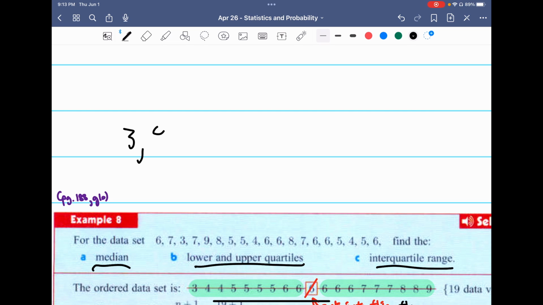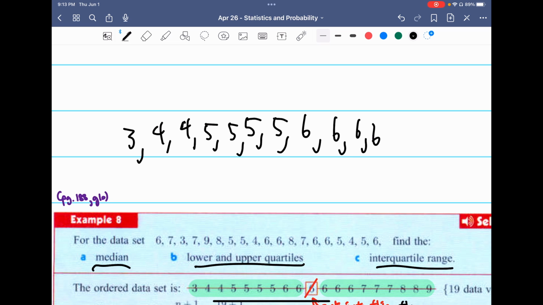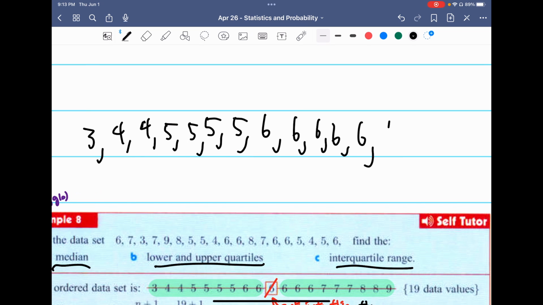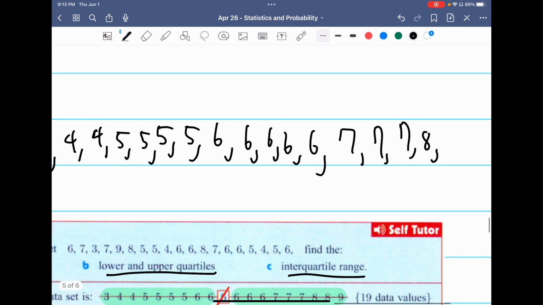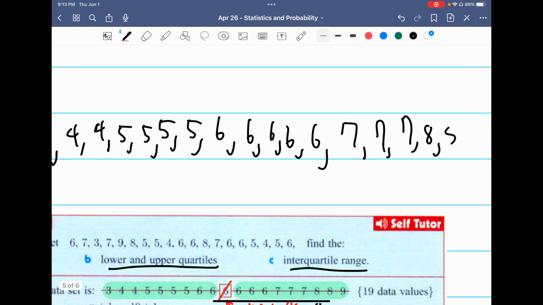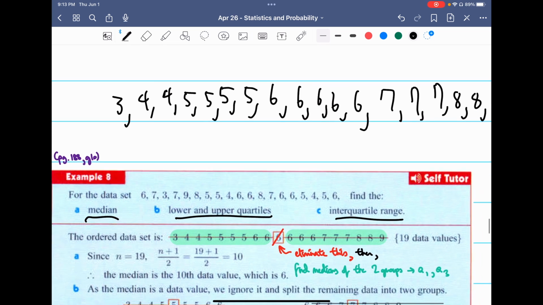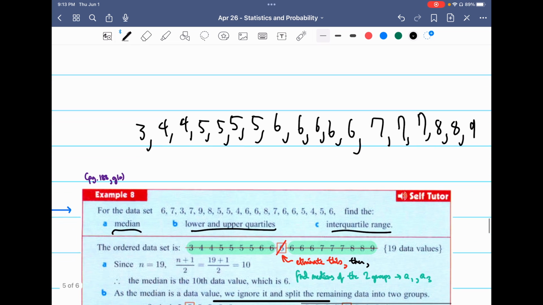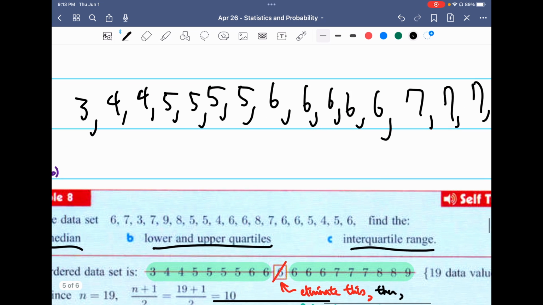So 3, 4, 4, 5, 5, 5, 5, 6, 6, 6, 6, 6, 7, 7, 7, 8, 8, and 9. And always make sure to check that the number of values in your increasing order set is the same as the original.